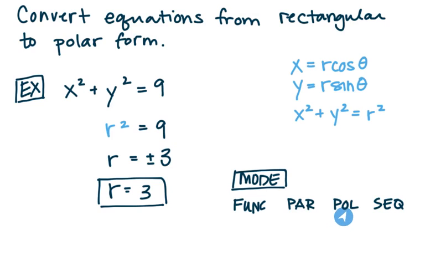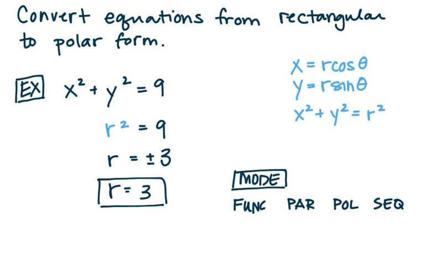If you select polar, then go back up and tap your y equals button, you'll notice that instead of having y1 and y2 and y3 there, you have r sub 1 and r sub 2. And if you press your variable button, you're going to get thetas in there.